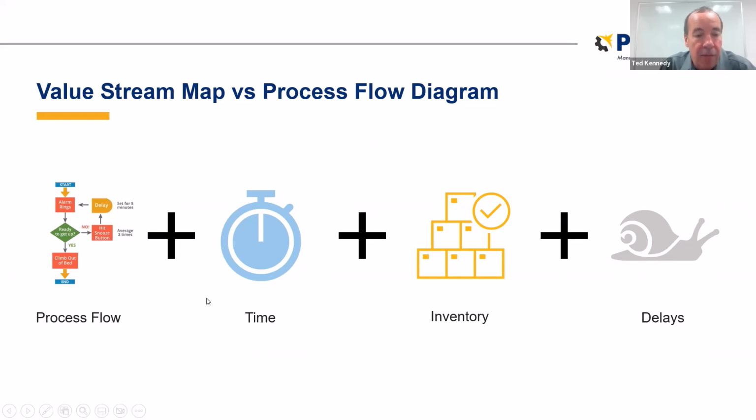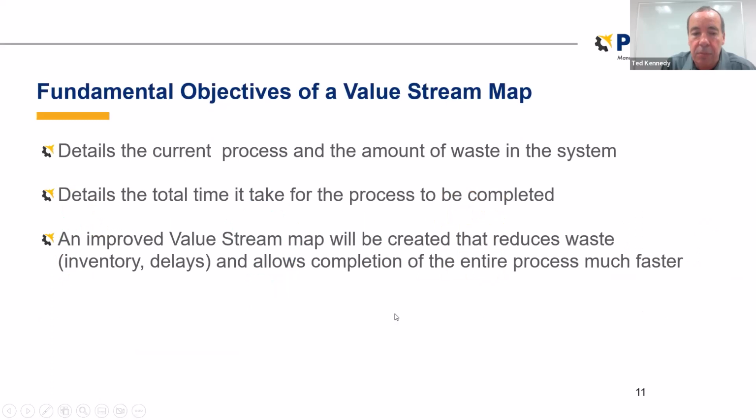So of all the maps that we're going through in all these sessions, this one has the most complexity and the most information in it, but you can get the most waste out of this one. This one has a lot of details in it. So again, you want to get all the details on the current process and the waste.